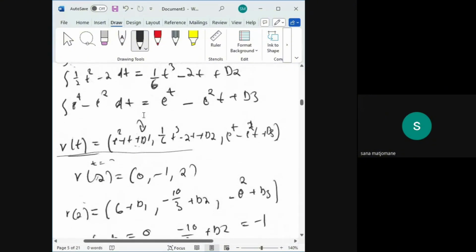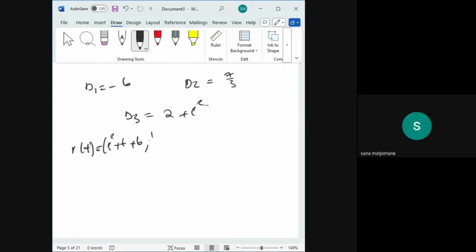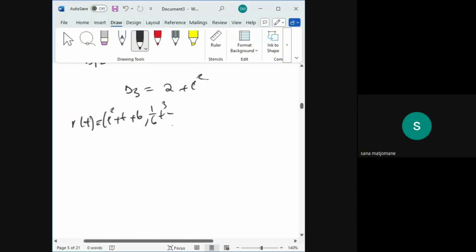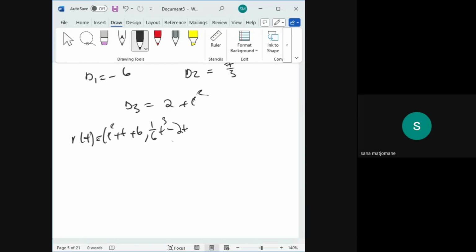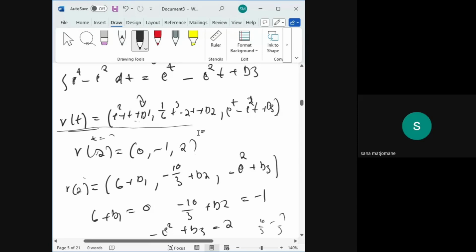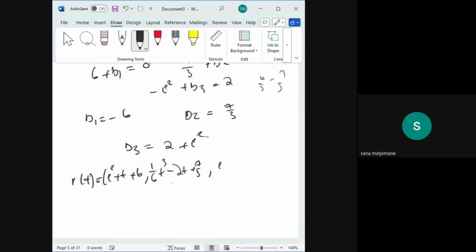So we come back here. 1 over 6 t cubed minus 2t plus 7 over 3. Guys, I'm sorry, when I'm writing, I make a mess. Then what's the last one? e to the t minus e squared t plus 2 plus e squared.